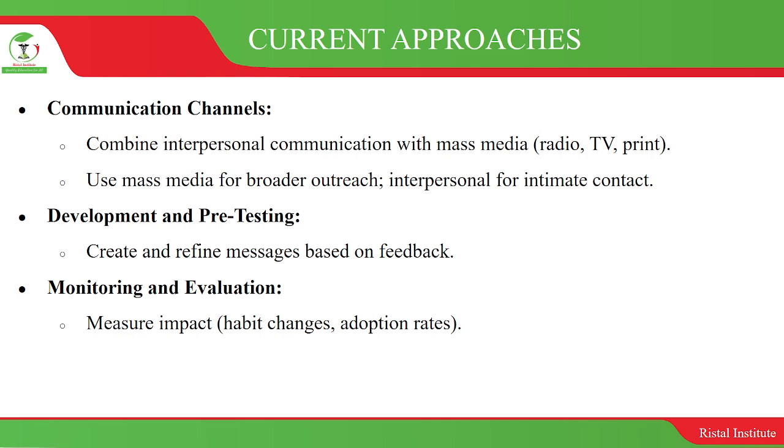And after doing all the above, then now you go on and identify a communication channel. This communication channel should combine interpersonal communication with mass media, for example, radio, television, printing out newspapers or articles. So you have to make sure that your session is reaching a vast number of the members of the community.